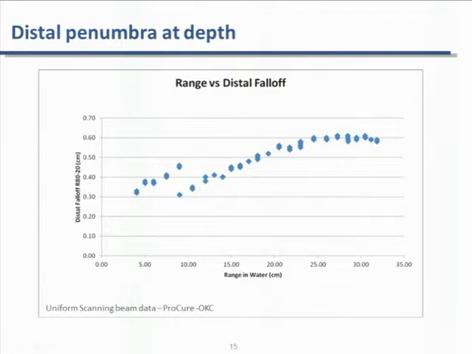Now, what about the distal end? The distal end also changes with depth, though not as fast as the lateral penumbra. It changes anywhere between 3 or 4 millimeters up to 5-6 millimeters at meaningful depths. The reason has something to do with the way we deliver the beam in our IBA system. There's no need to go into details, but it does increase with depth, and that's coming from energy straggling.